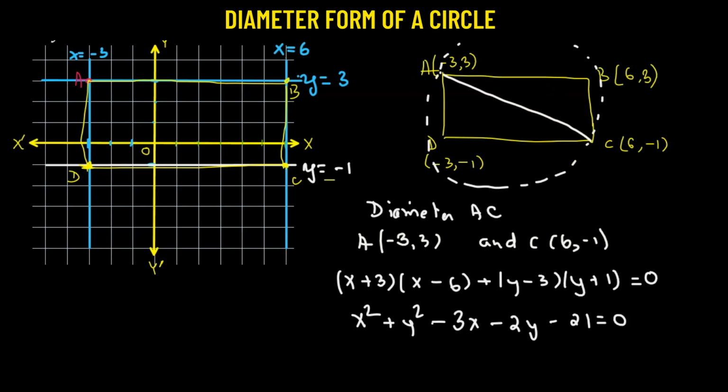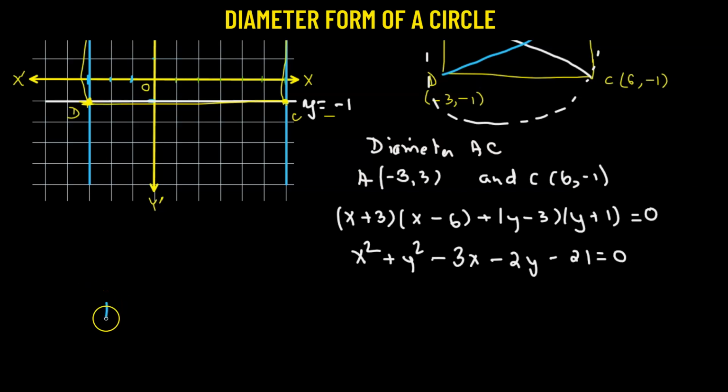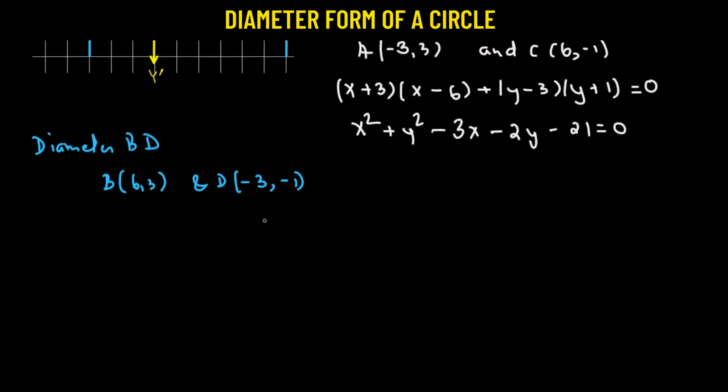Next, we also need to find out the equation of the circle having diameter BD. So let's find out, BD has 6, 3. So our B is (6, 3), and then we have D, and D has the coordinate (-3, -1). So this corresponds to the diameter BD. Now let's try to find out the equation of this circle.